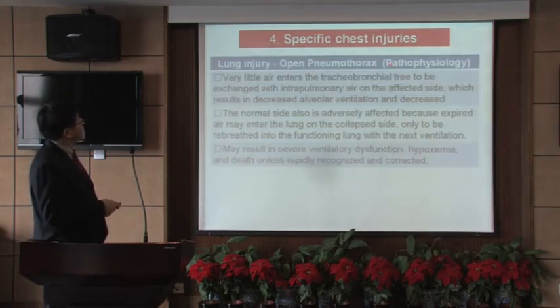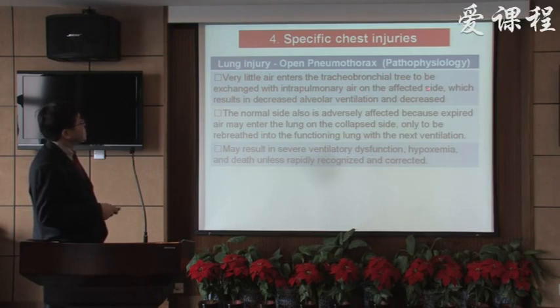And this is the other pathophysiology of the open pneumothorax. Very little air enters the tracheobronchial tree to be exchanged with the intrapulmonary air on the affected side, which results in decreased alveolar ventilation.